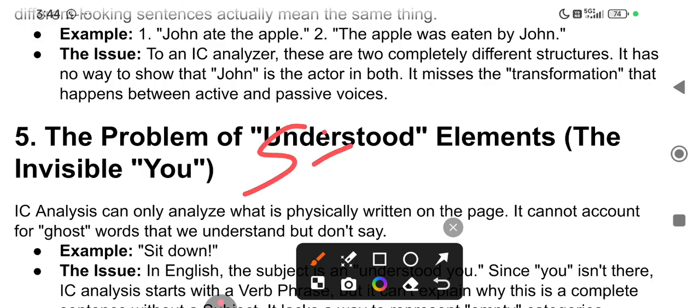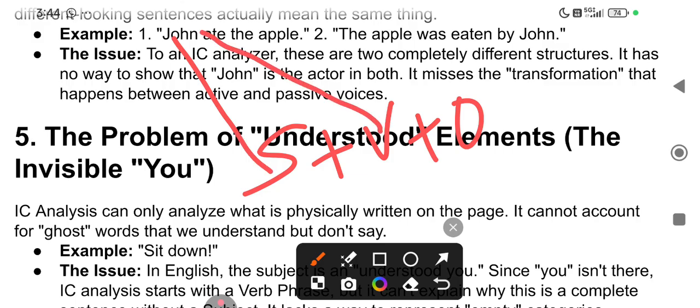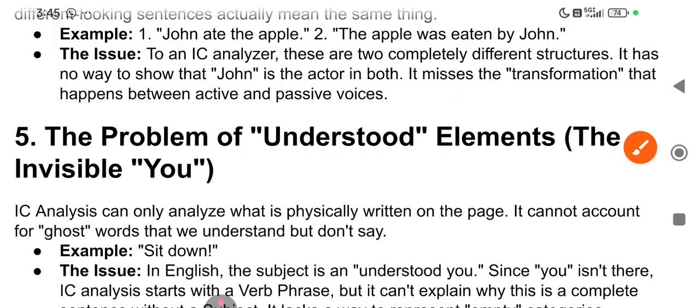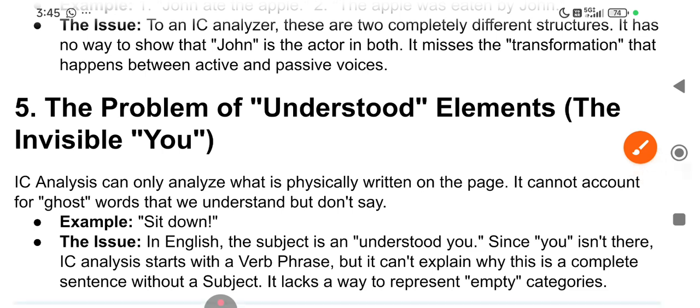Sentence word order is subject plus verb plus object. So in "John ate the apple," the subject is John, ate is the verb, the object is apple. You can change it: "The apple was eaten by John." This is the subject, was eaten is the verb, and this is the object. Now the issue: to an IC analyzer, these are two completely different structures.